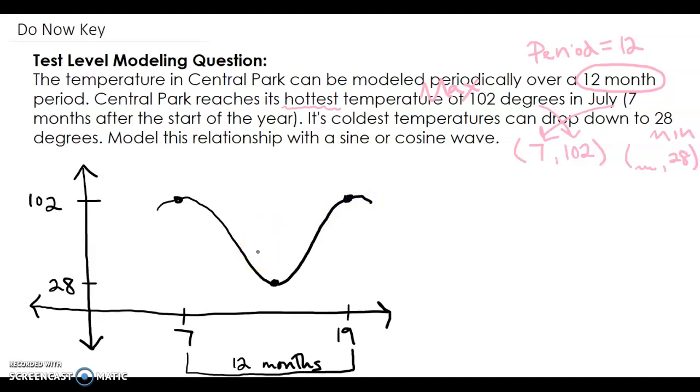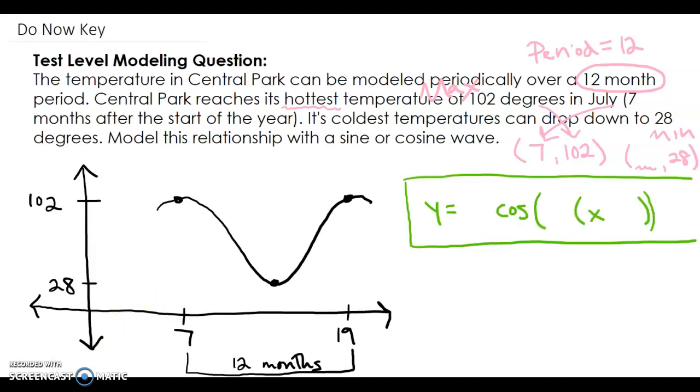And so step one of our process was to annotate our problem, get our given information. Step two was to graph it, which we've just done. And based on what we see in our graph, we decide that we are going to use a cosine function to model this information. So I've written my cosine function out with space to fill in some blanks. Let's plug in the information that's really easy for us to figure out.